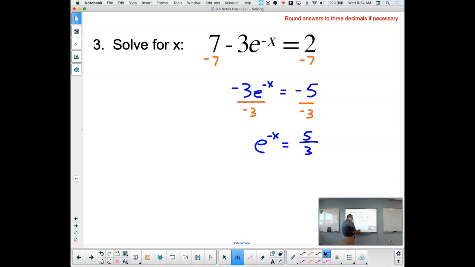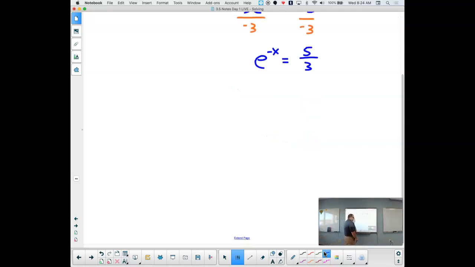So now what we can do is switch it to logarithmic form. By switching it to logarithmic form, it would become log base e. Well, log base e is natural log. My argument or my answer would be 5/3, and my exponent would be negative x.